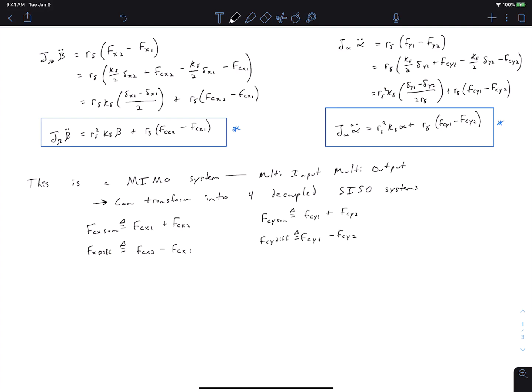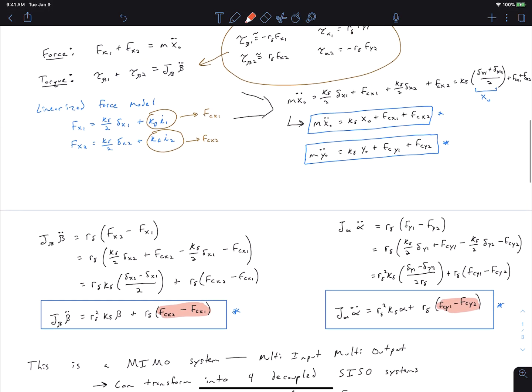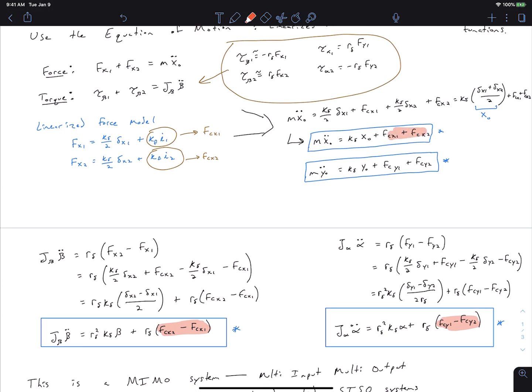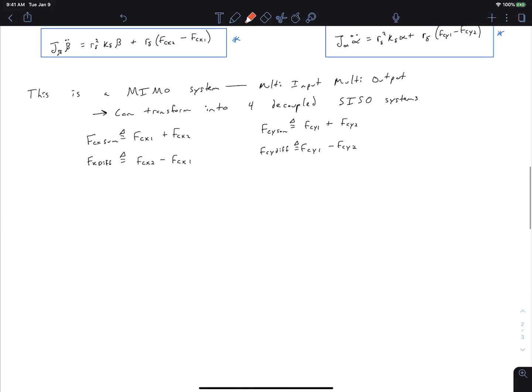And so if we use these equations, we can note that we have an fx diff here, and an fcy diff here, an fx sum here, and an fy sum here. We'll plug in these new relations, and then we'll write this as a set of transfer functions.